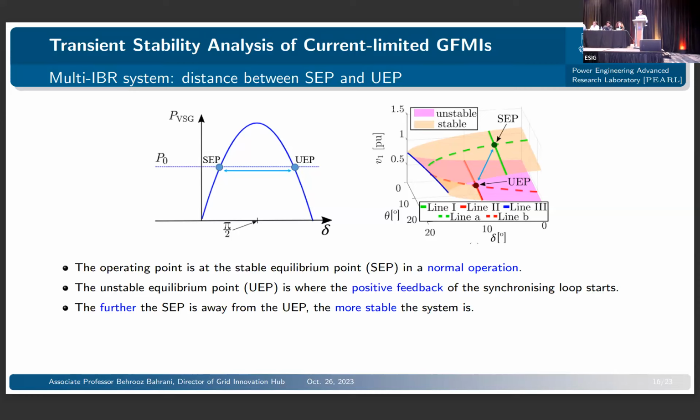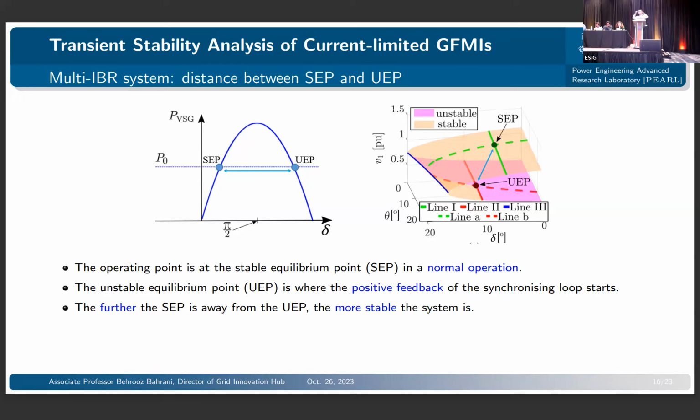So we've been working on a methodology in the last 6 or 12 months to expand what we've done here to a larger system, and we've been successful in applying that methodology to a radial system. You've got any number of grid forming or grid following inverters in that. It will solve some differential equations for you in the background in an iterative way, and it will tell you this margin.